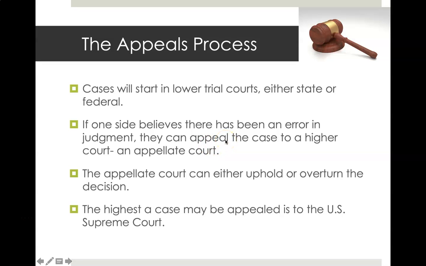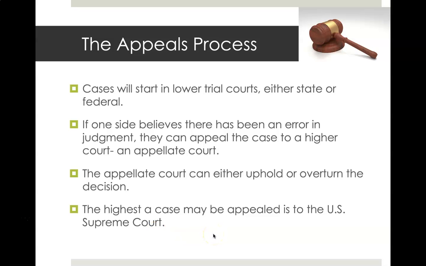The appellate court also found that it was legal, and they did not overturn the decision. But then the Supreme Court finally heard Brown versus Board of Education, and they actually overturned the previous rulings, and they said that segregation was actually illegal according to the Constitution, which gave us desegregation in the education system. So that's just an example of the appeals process.